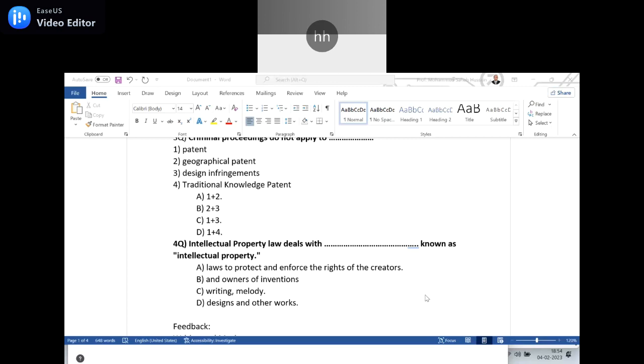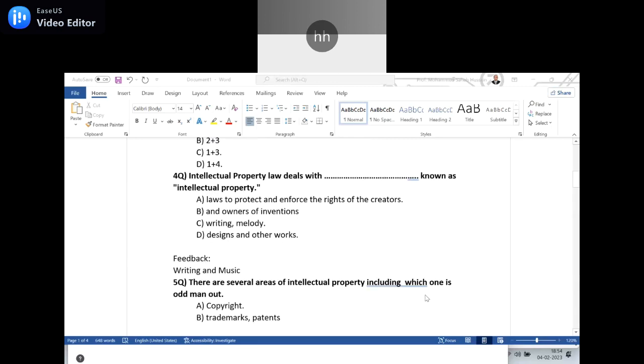Music would also be protected, but instead of music I wrote melody. So not connected is C.